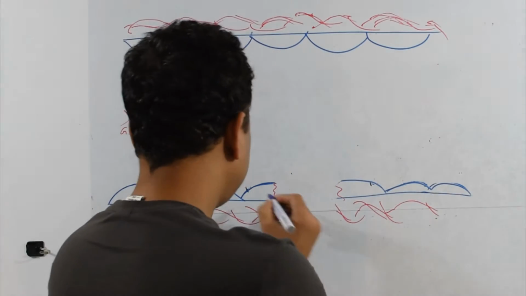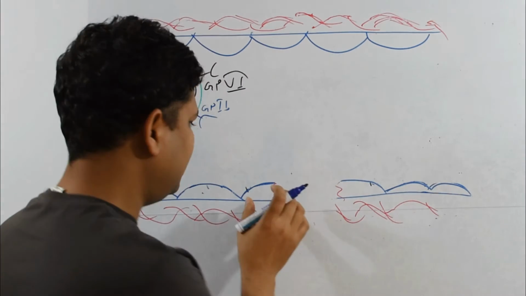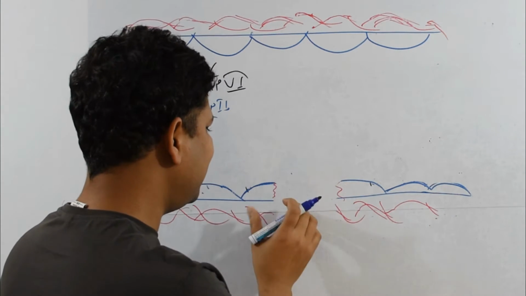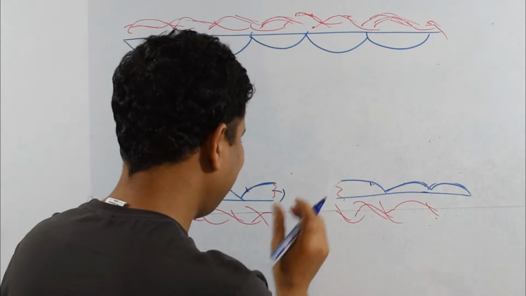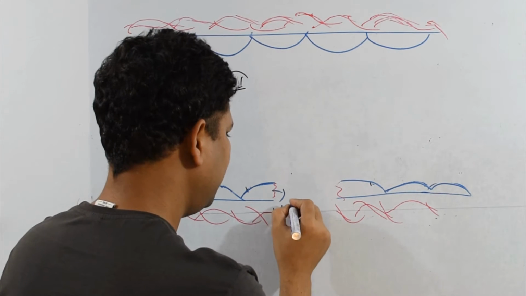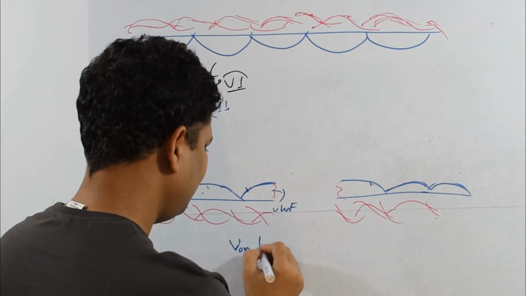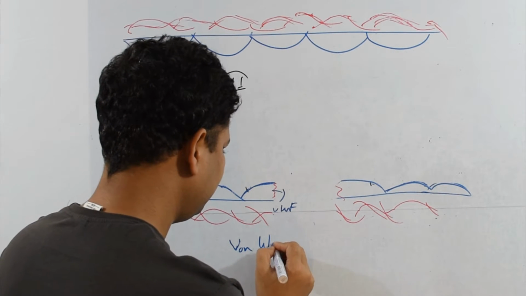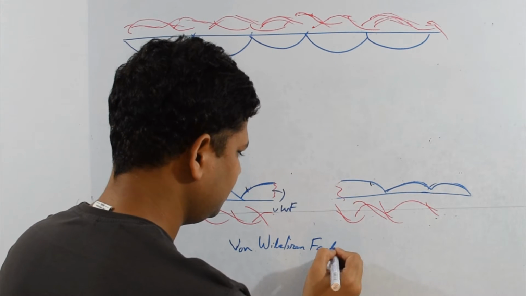Simultaneously, what happens? These ruptured endothelial cells will secrete one important factor, which is called VWF, von Willebrand factor.